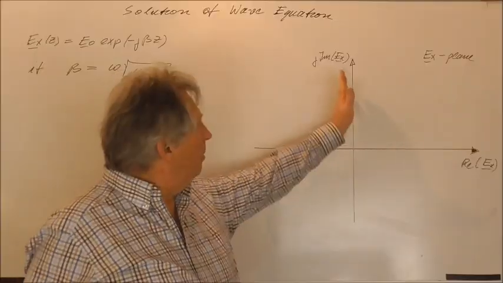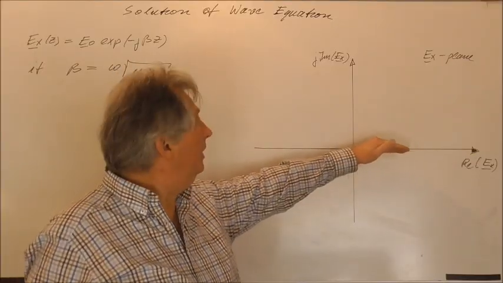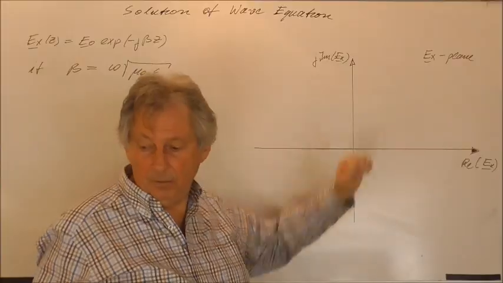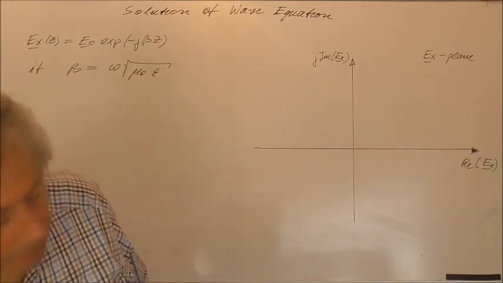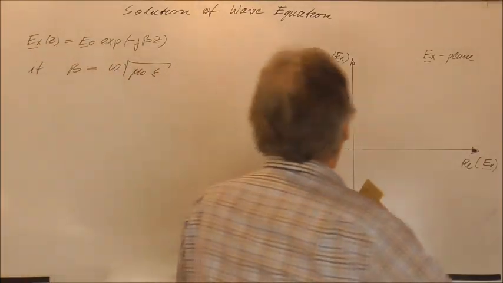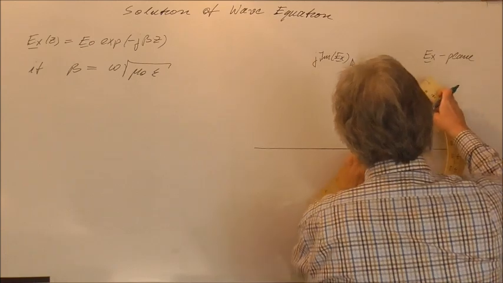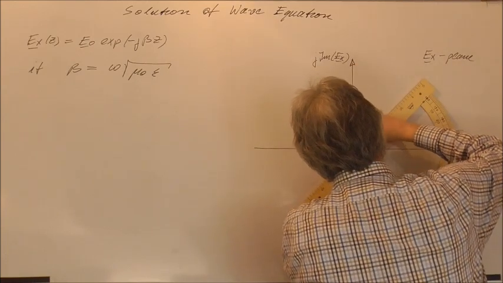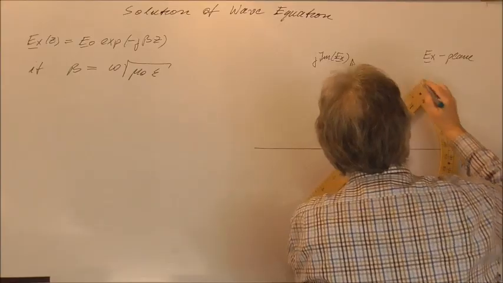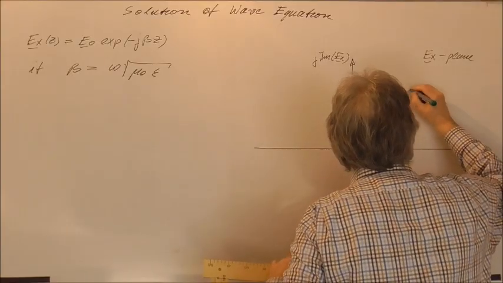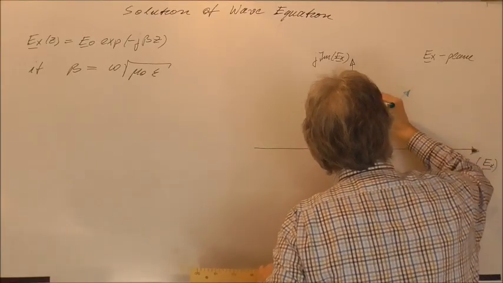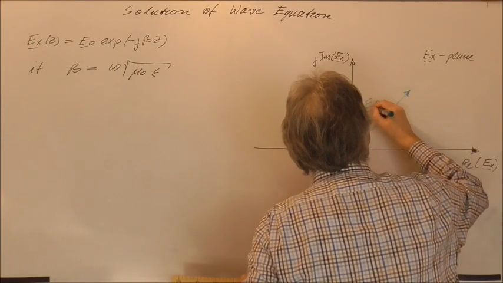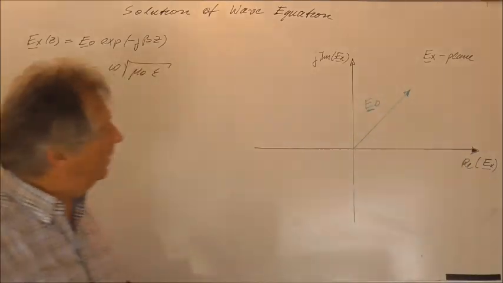This means it's a complex plane of the electric field. We have here the real part of the electric field, here the imaginary part. For example, we can think of this term, E naught, pointing in an arbitrary direction in this plane. So this will be our constant E naught in this plane.